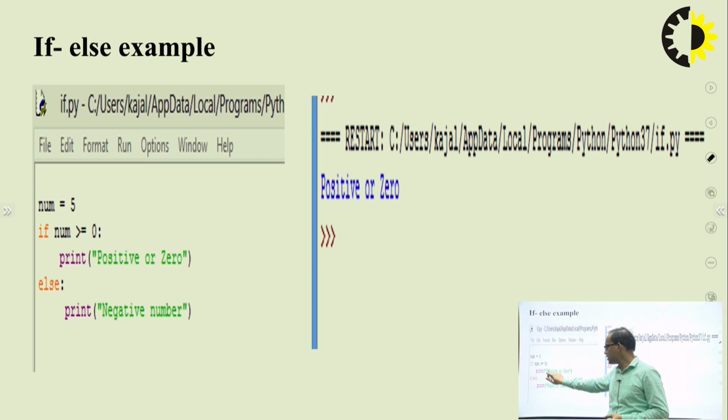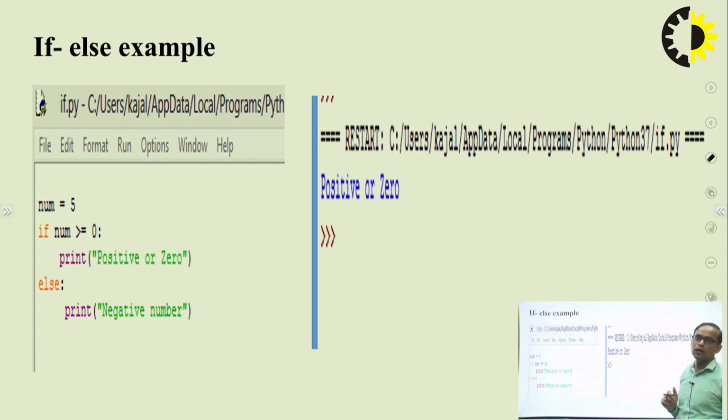So this statement will execute and this statement will not execute. The statement inside the if block is executed because the condition is satisfied. So the output of this program will be positive or 0. This message will be printed when we execute this program on the Python interpreter. So this is an example of the if else conditional statement in Python programming.